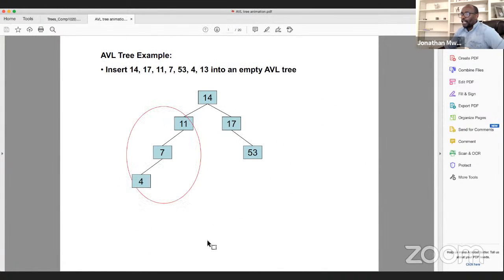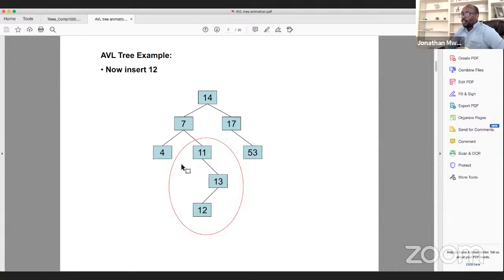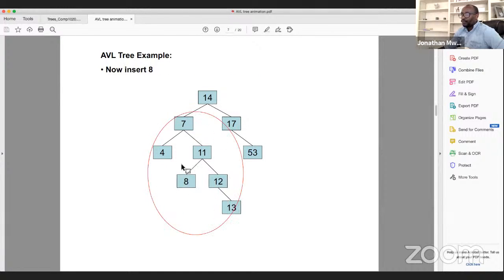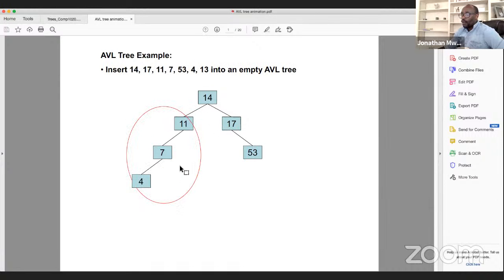So you're going to find an animation like this when you go to Blackboard, and that animation is going to show you when items get added, where the problem comes in, and how you do the rotation to resolve the problems. Okay, so you're going to see that when you go to Blackboard. I do not have the time right now to go through it.